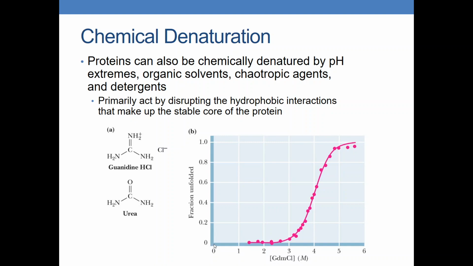As I increase the denaturant concentration, you'll see yet another cooperative or sigmoidal transition, which is exactly what you saw for heat treatment. So yet again, protein unfolding is cooperative in nature. It's an all or none event. Whether we treat with chaotropes or organic solvents, detergents, or change the pH, you're going to see something that is in nearly all cases sigmoidal in character.